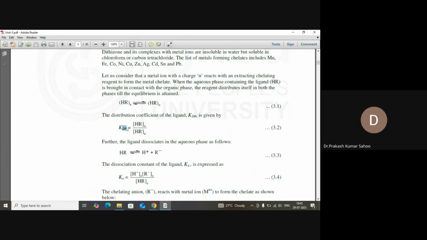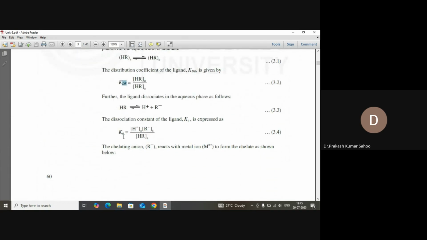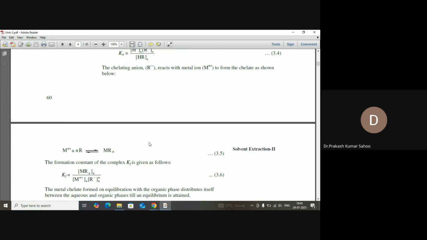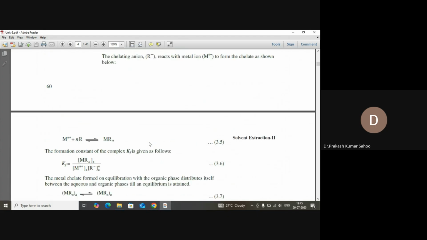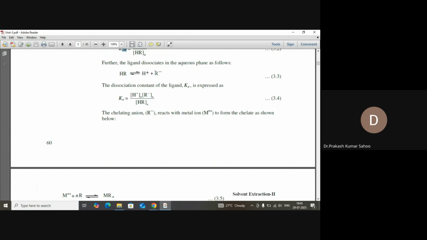So what is the distribution coefficient? That is organic concentration divided by aqueous concentration. Then the dissociation constant of HR into H plus and R minus in aqueous medium. So H plus concentration into R minus concentration divided by HR concentration. Similarly, this R minus is the ligand part, or the donation part, that is the chelating anion, R minus.